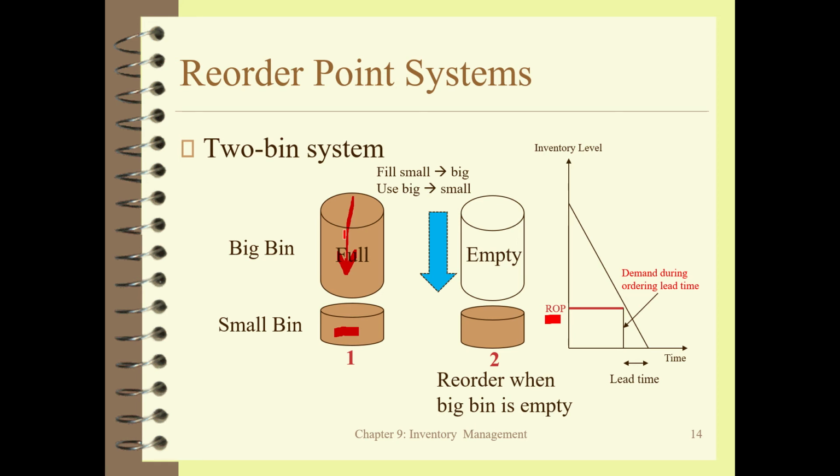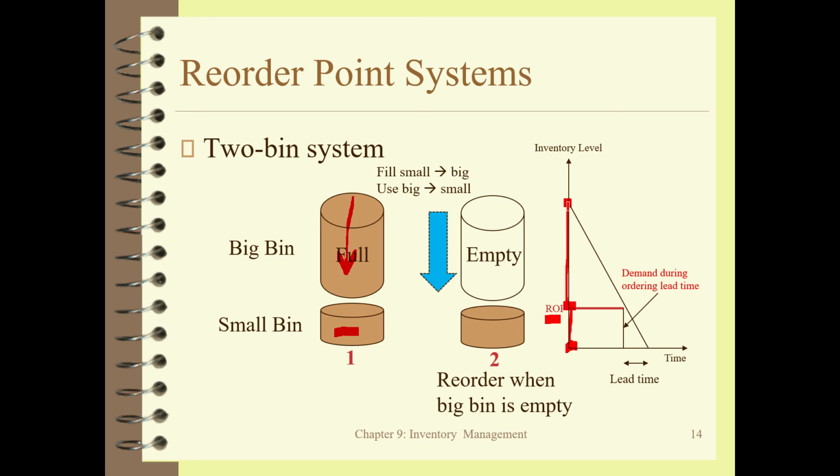At the beginning we have two bins, the big bin about this size and the small bin about this much. First we fill the small bin, and then the big bin.